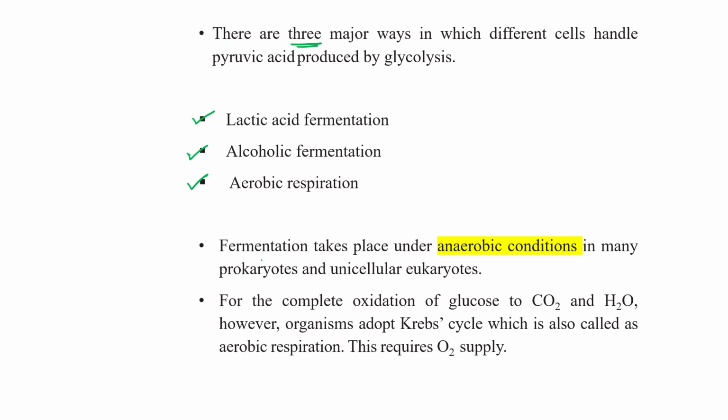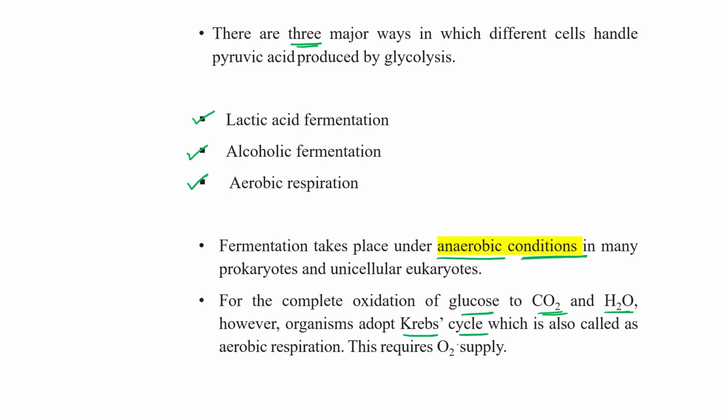Okay, fermentation takes place under anaerobic conditions, meaning in the absence of oxygen, in many prokaryotic cells and many unicellular eukaryotes as well. For the complete oxidation of glucose into carbon dioxide and H2O, the organism needs to adopt the Krebs cycle, and this Krebs cycle needs mitochondria, right?